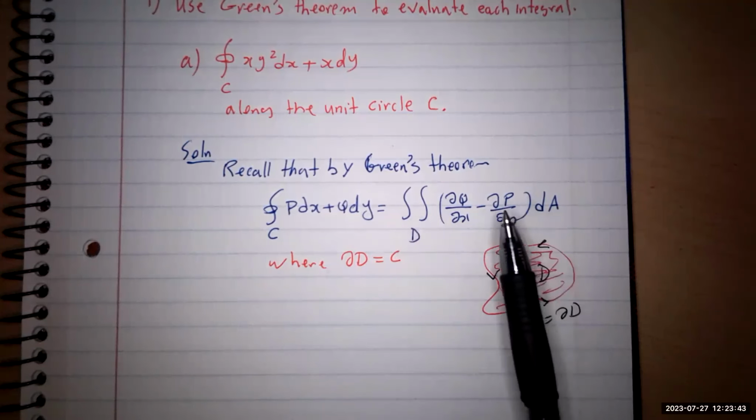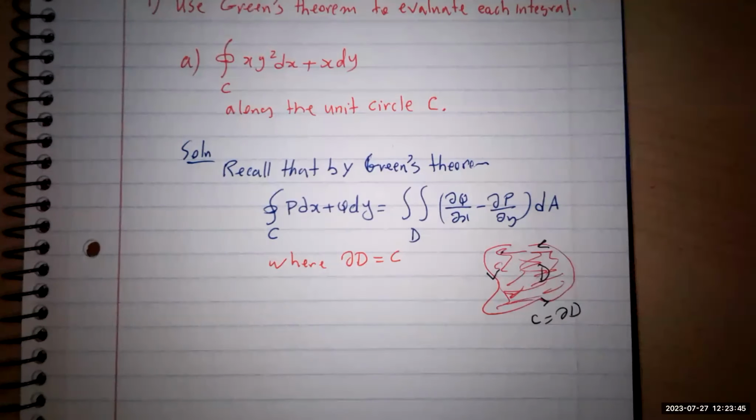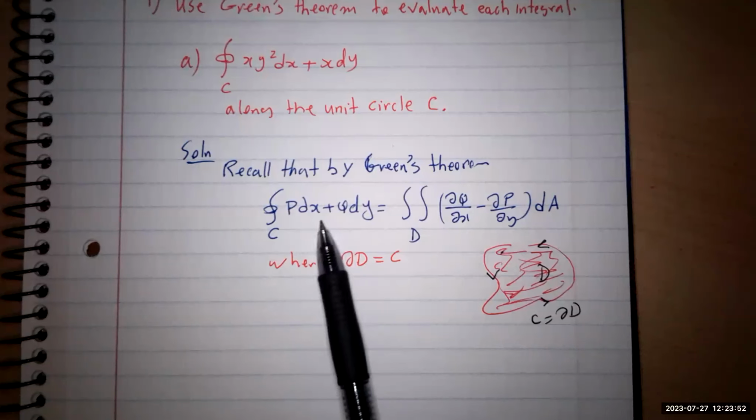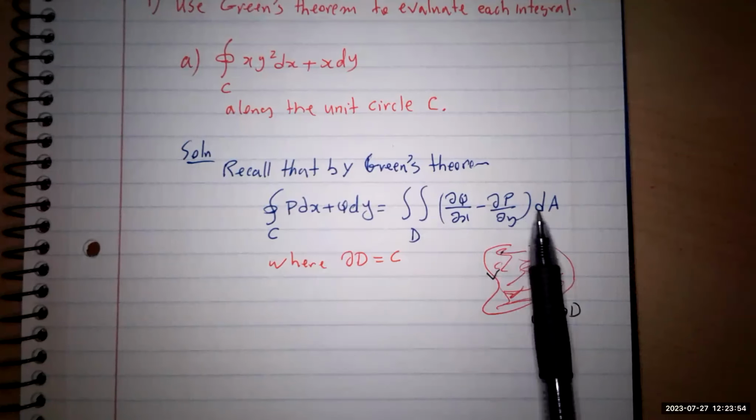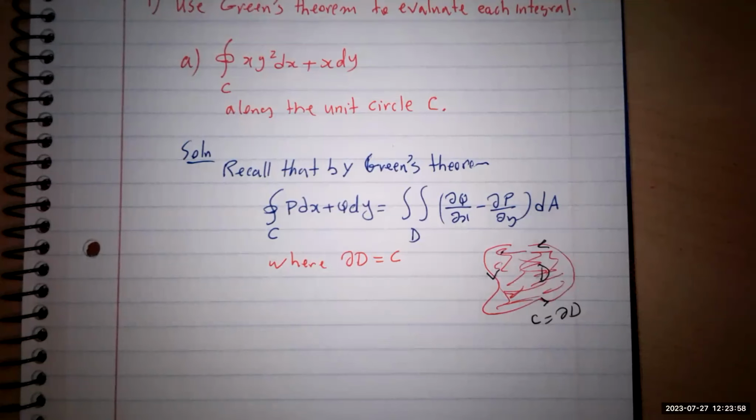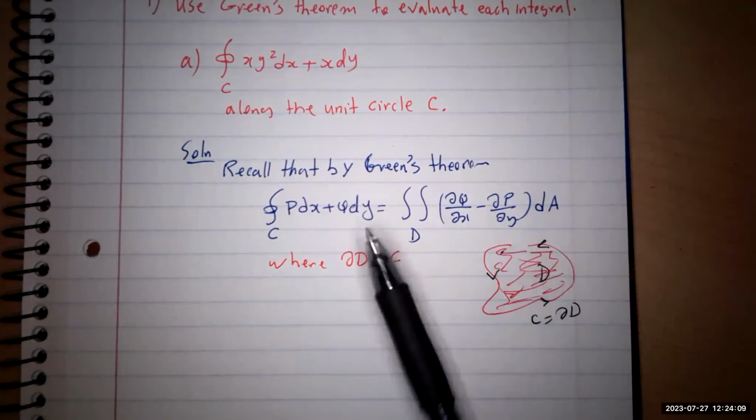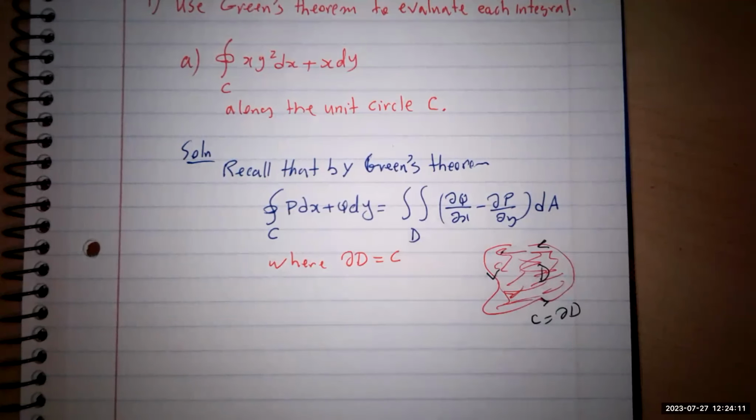You know it from the past, from the theorem that if you integrate a conservative force on a closed curve, it would be 0, because for a conservative force the integral is the difference of the values of the potential function at the endpoints of the curve. But this curve is closed, so the initial point and the terminal point are the same. So it cannot be used for the conservative force, okay?